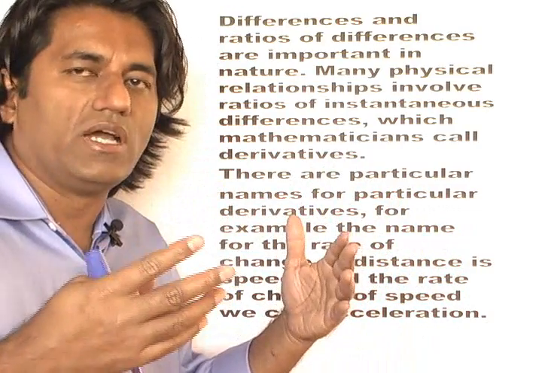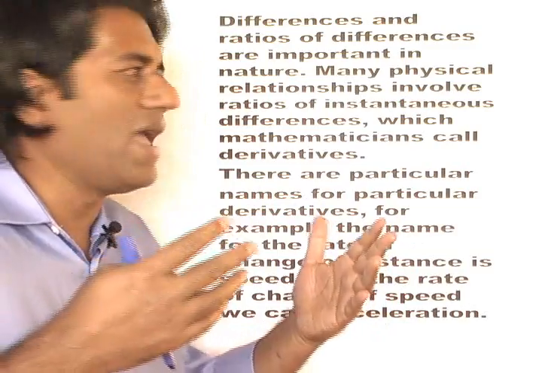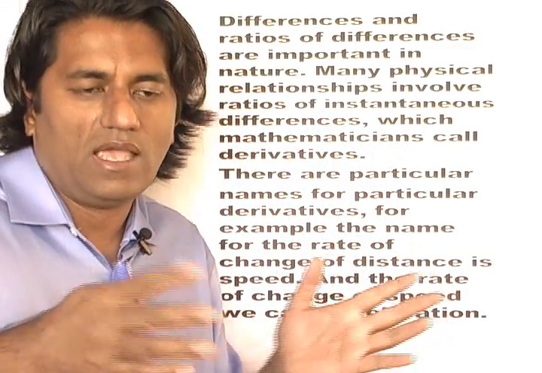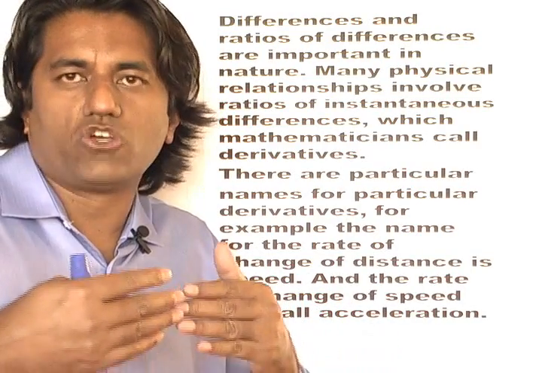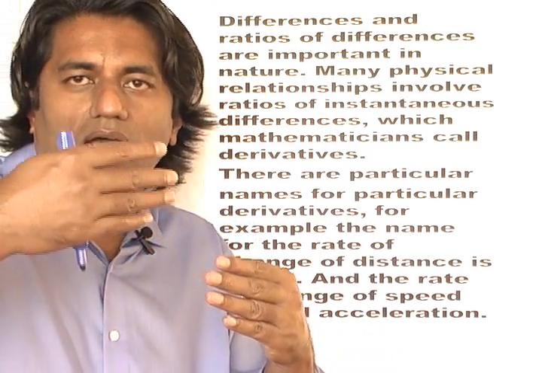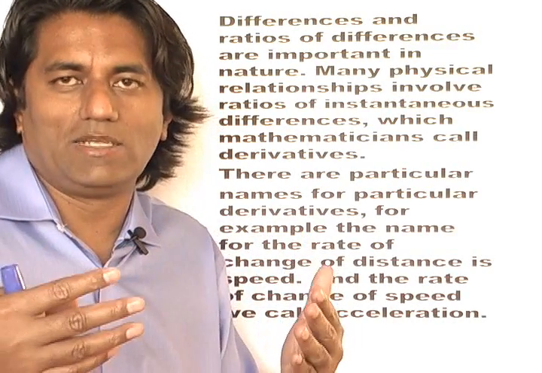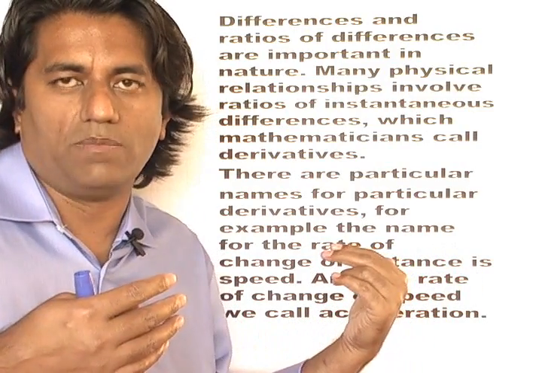So in nature, there are many places where these ratios are important. So you have a function, you have an independent variable which determines the function. The ratio of the change in the function value divided by the change in the independent variable is important, just like we saw in Galileo's experiment.